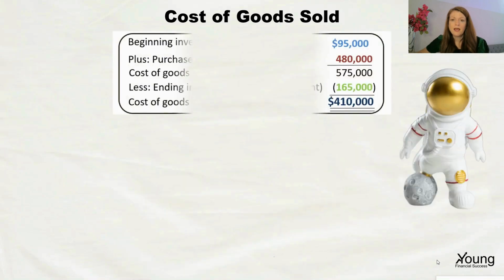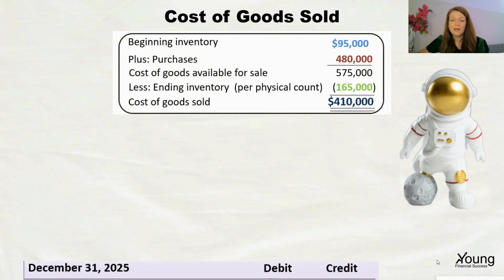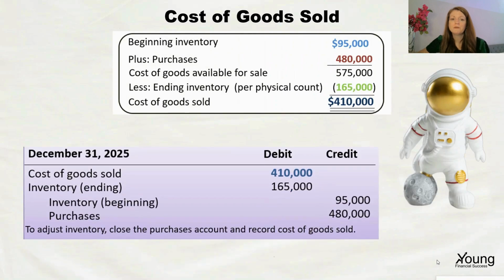And then last slide, just a reminder, we're taking those same numbers and that same journal entry we did last, just to make sure it's all making sense where they're coming from. So we had the beginning inventory. We want to get that off the books. A little weird the way we do it, but just to keep that really clear trail of what's happening. We get the 95,000 off the books by crediting inventory for the beginning balance.